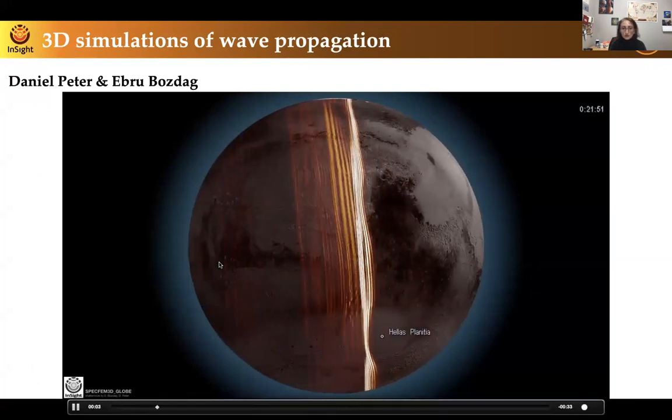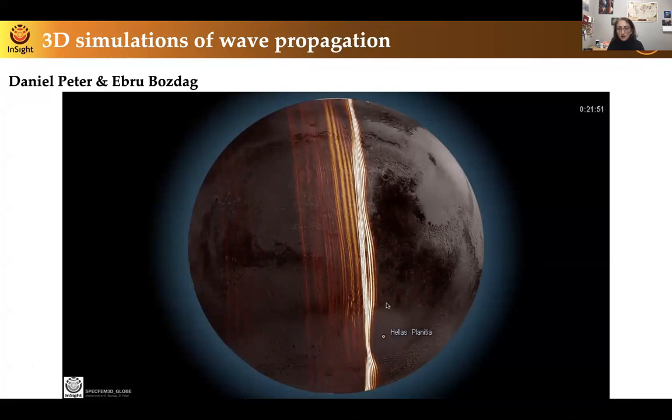If we continue the simulations, here I would like to stop. This is Hellas Planitia, which is the largest crater on Mars, where we have the thinnest crust in our model. So you can see how the surface waves speed up. Actually, these are Rayleigh waves. They speed up when they pass through this crater because there is thin crust, so the surface wave starts propagating with the mantle speed.